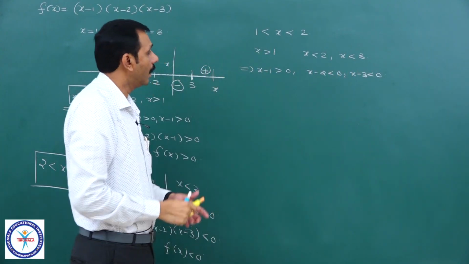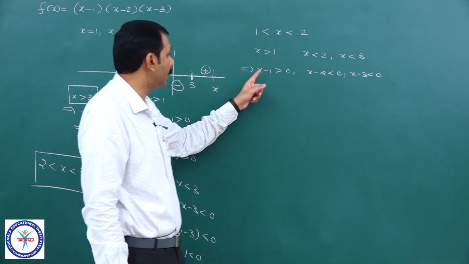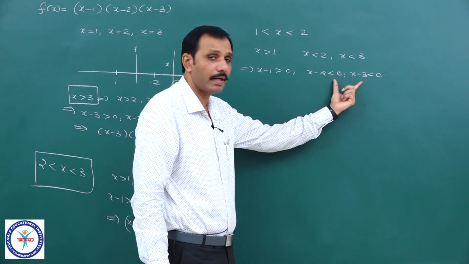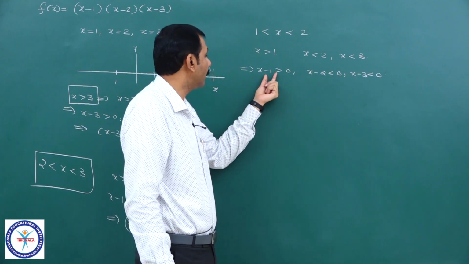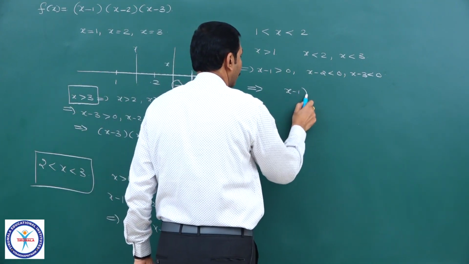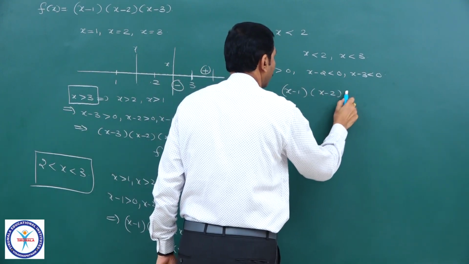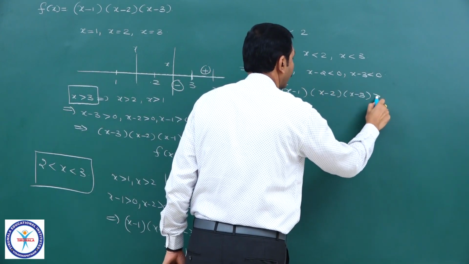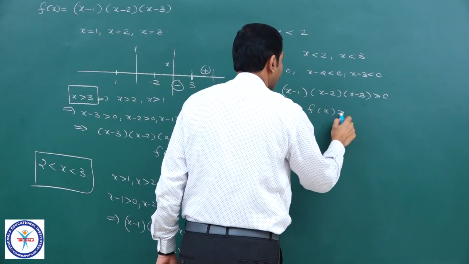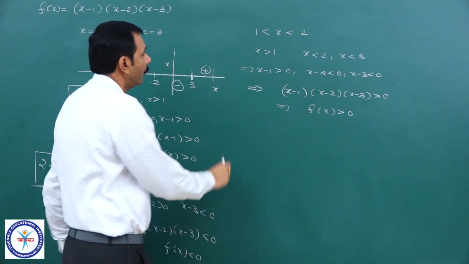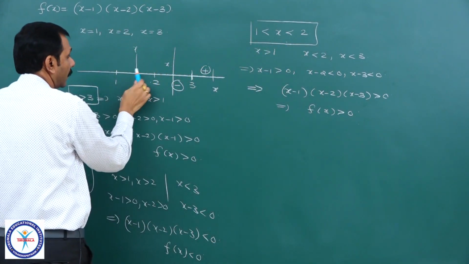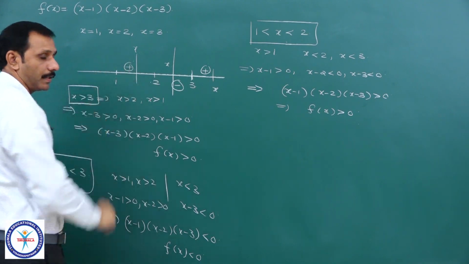Now see, out of these three factors, this one is positive whereas these two are negative. The product of two negative factors is positive, and with this positive, the product x minus 1 into x minus 2 into x minus 3 is greater than 0, that implies f of x greater than 0. Therefore, when 1 less than x less than 2, the sign of f of x is positive.